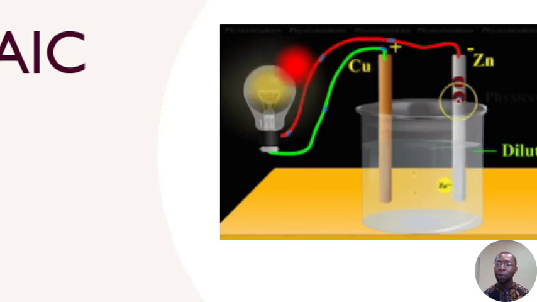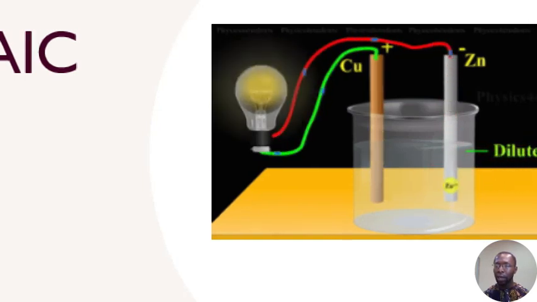All right. Now, when you insert the electrodes inside the container, the electrolyte in this case is dilute sulfuric acid, which is H2SO4. When you insert the two electrodes, the positive one and the negative one, into the electrolyte, a chemical reaction takes place. And what happened?